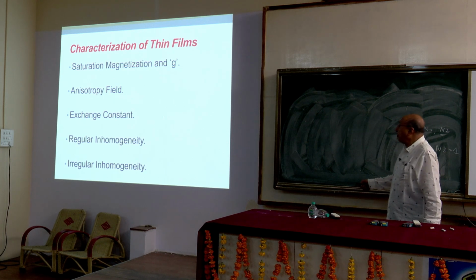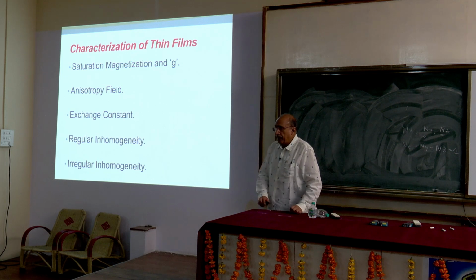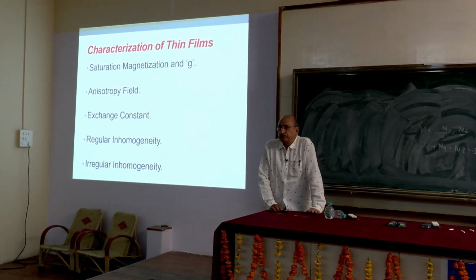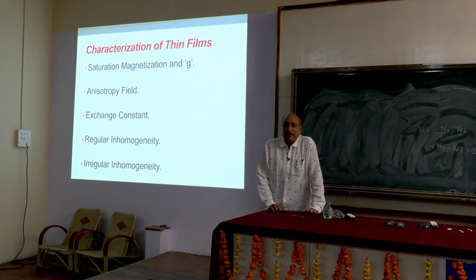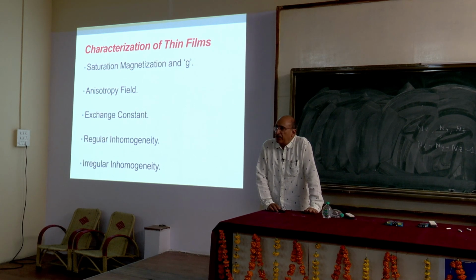Another thing I have not talked about is the anisotropy field. There is one big problem with this particular measurement. If your film has a uniaxial anisotropy, then the uniaxial anisotropy just gets subtracted from 4 pi Ms, so the equation has 4 pi Ms minus Hk.